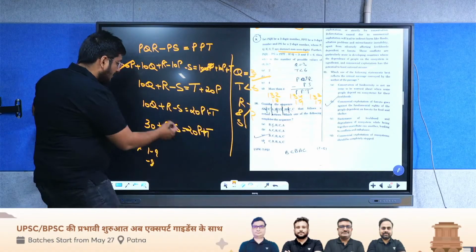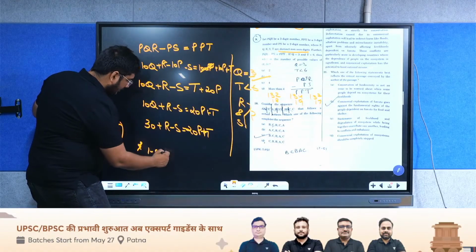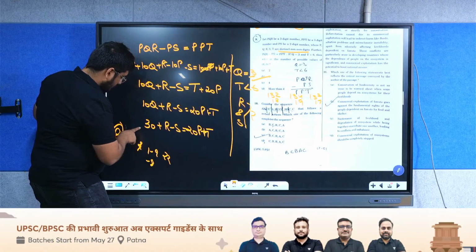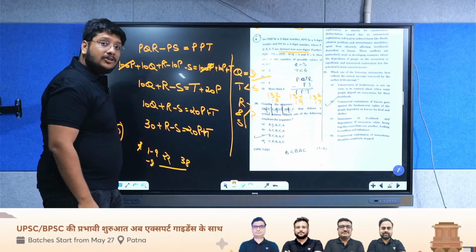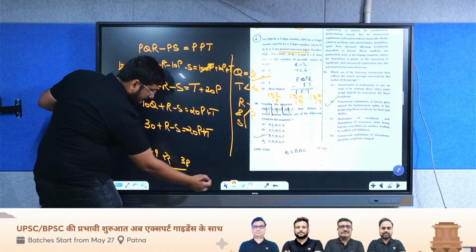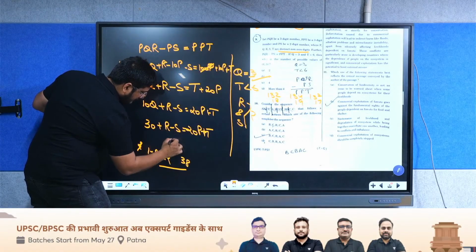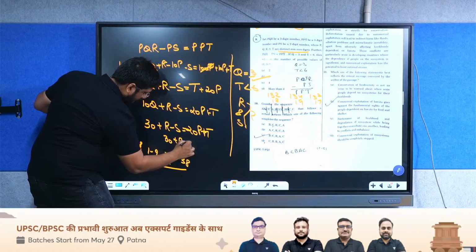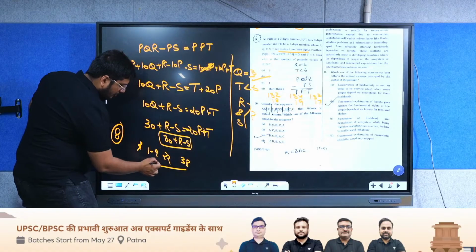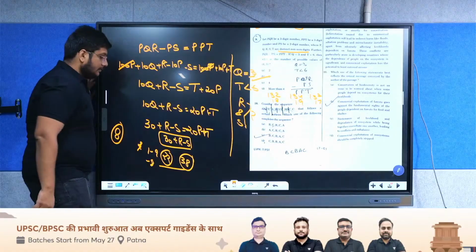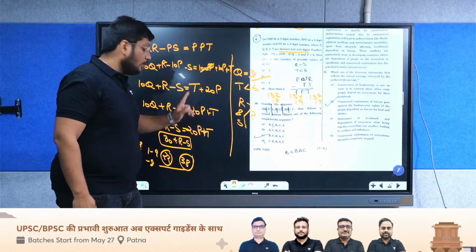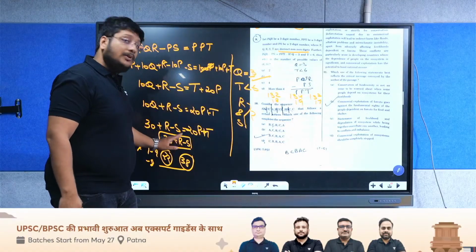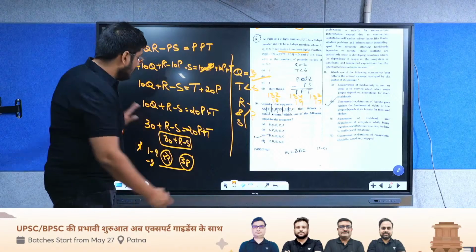That means this value is between 30 minus 8, 22, and 30 plus 8, 38. It has to be between these two. Yes or no? 30 plus R minus S has to be between these two numbers. If it has to be between these two numbers, then there is only one possibility. R has to be 1, then only I can get it in this range.